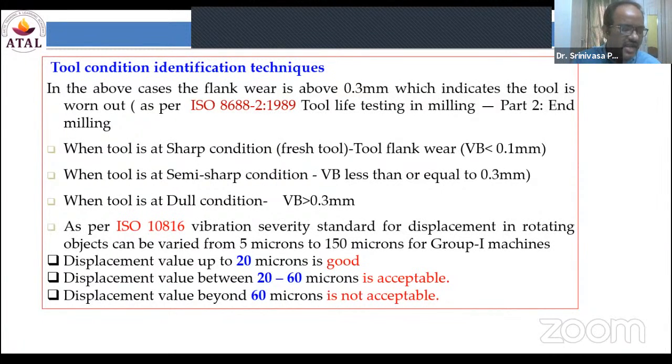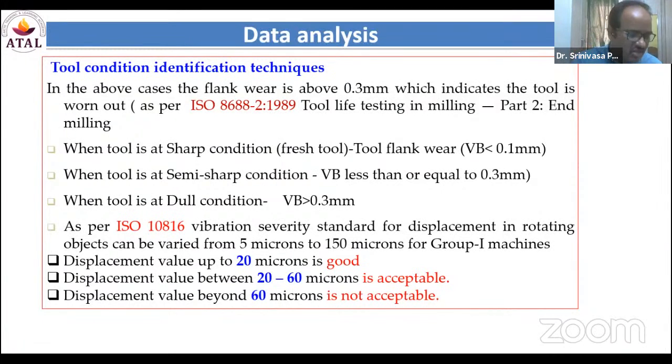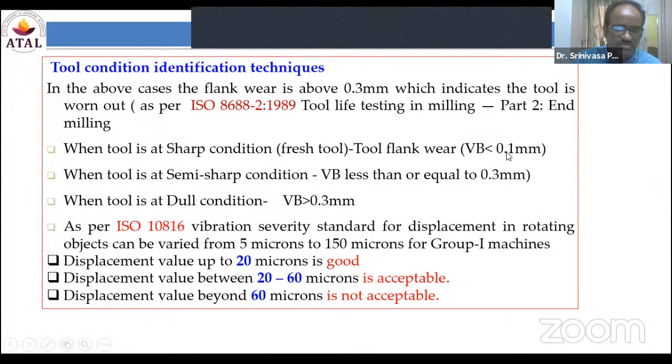And that is identified with the values of the flank wear also. As long as the flank wear values are less than 0.1 mm, that correlates with the 20 microns situation. As long as the flank wear is within the range of 0.1 to 0.3, the situation is similar to this particular vibration level. Whenever the displacement value is beyond 60 microns, we found that the flank wear is beyond 0.3 mm.